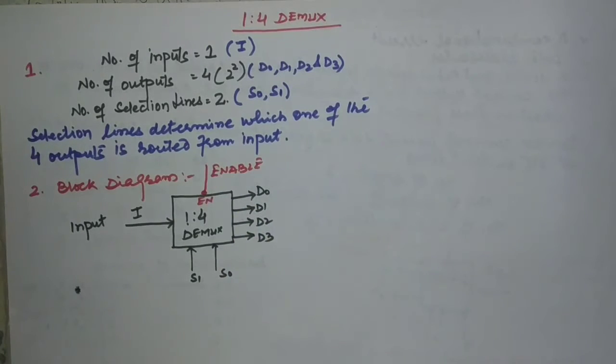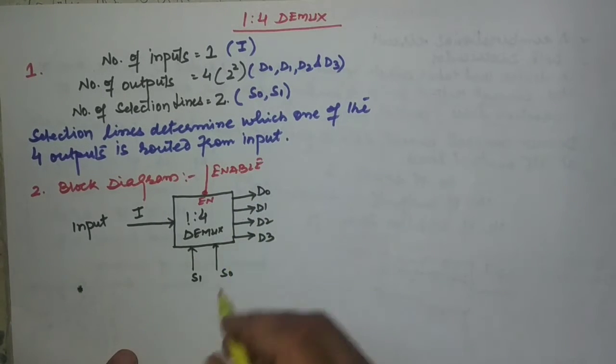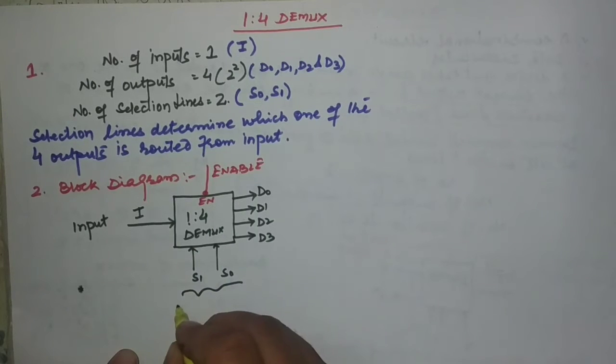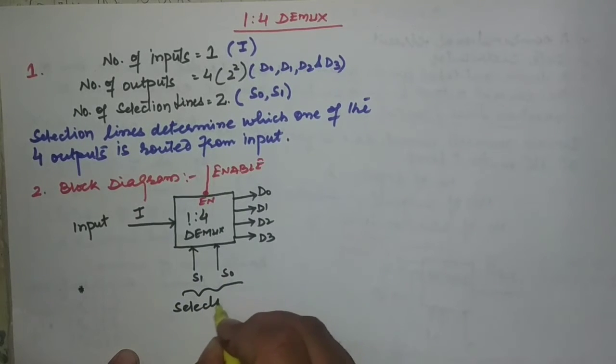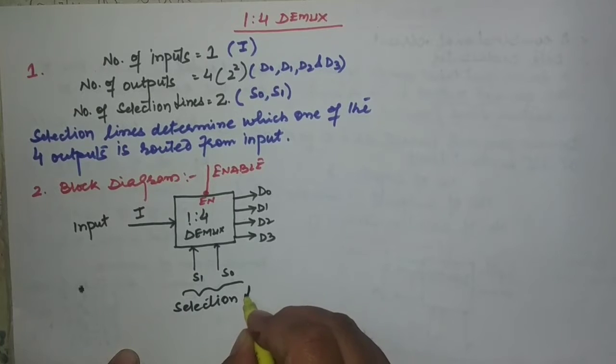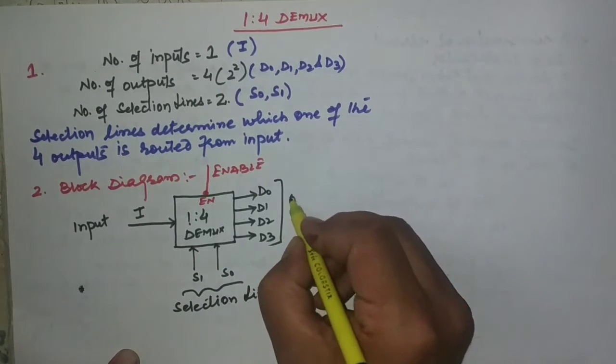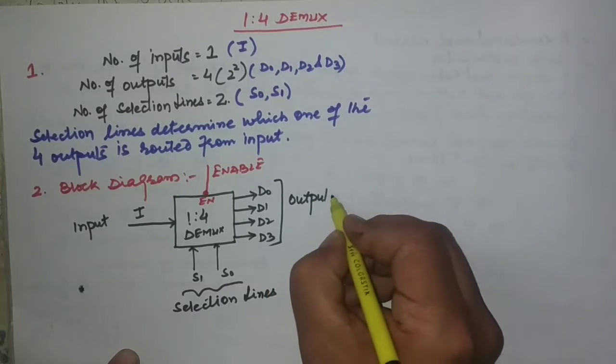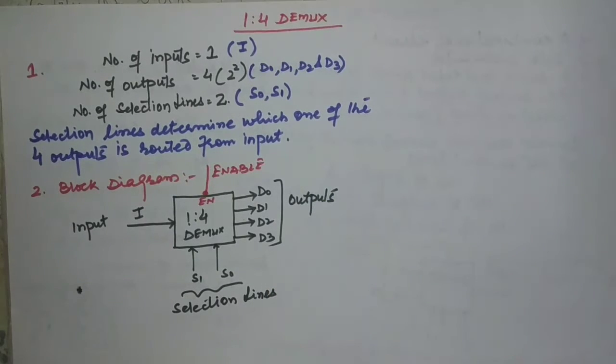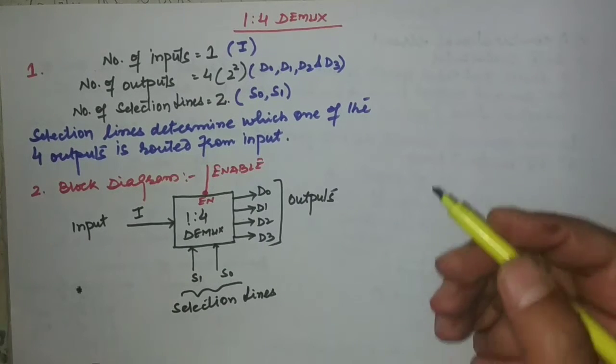So this is the block diagram: one input, these are 2 selection lines, these 4 are the outputs.